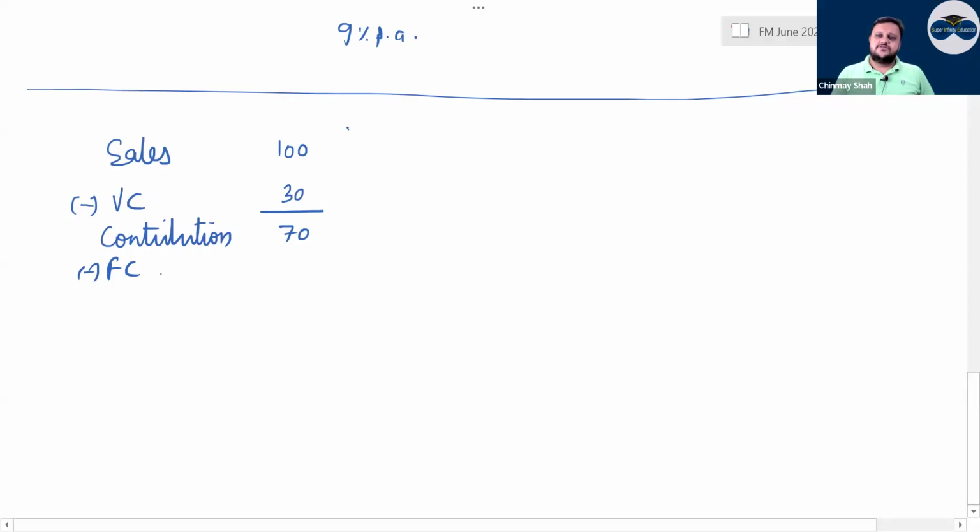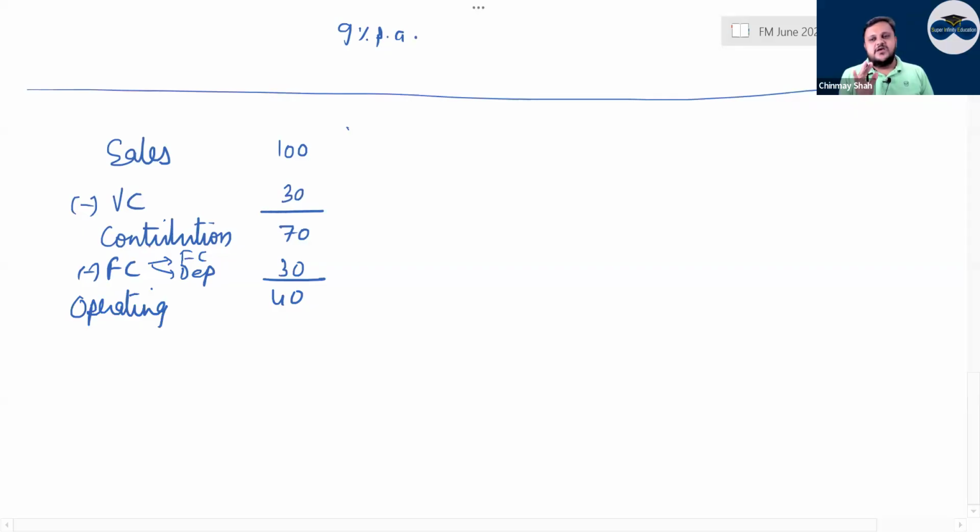Contribution minus fixed cost. Let's say 30 is the fixed cost. 40 is your operating profit, or it is called PBIT. Fixed cost here includes the rent for the factory, and depreciation for the machine is also included.